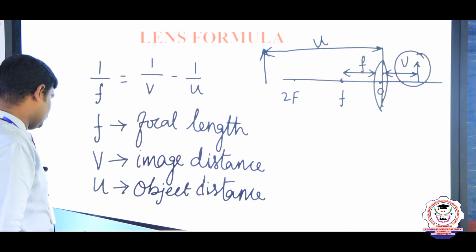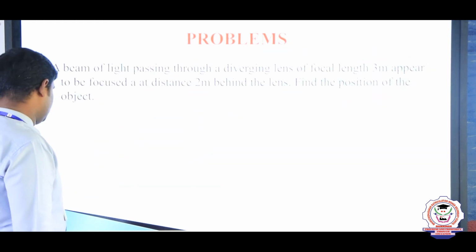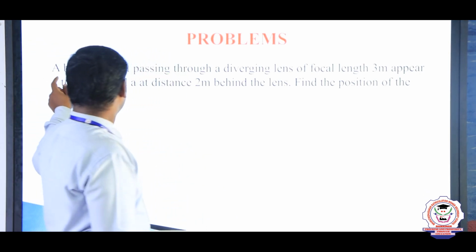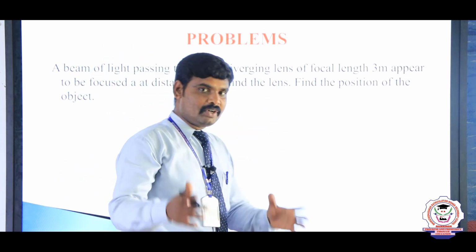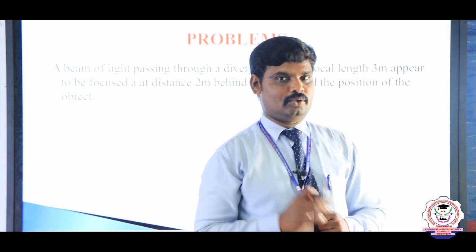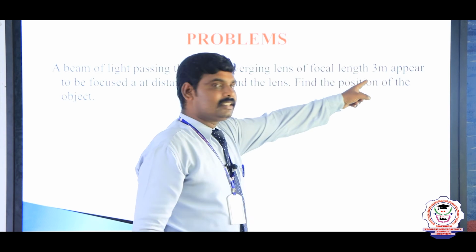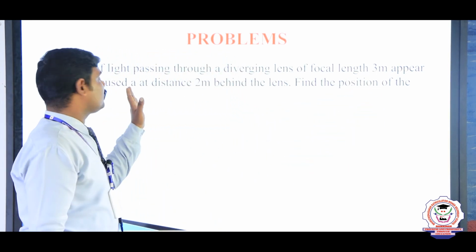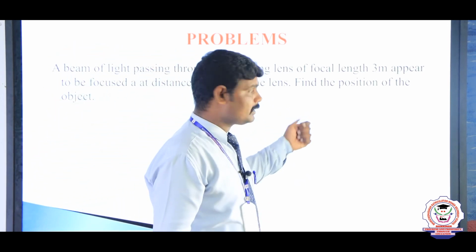Next, by using this formula, we have to see one important problem. Here one problem is given. A beam of light passing through a diverging lens. Diverging lens is nothing but what type of lens? Very good, concave lens. The focal length is 3 meter, and the light appears to be focused at a distance of 2 meter behind the lens.